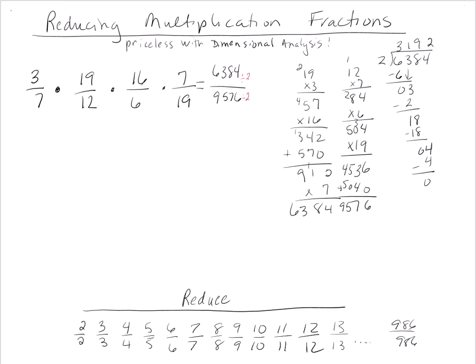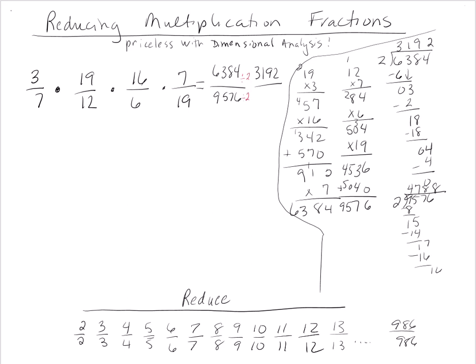So your new answer is going to be 3,192. Let me kind of mark that off so we don't get them mixed up. So let's do the bottom one. So your answer is 4,788.